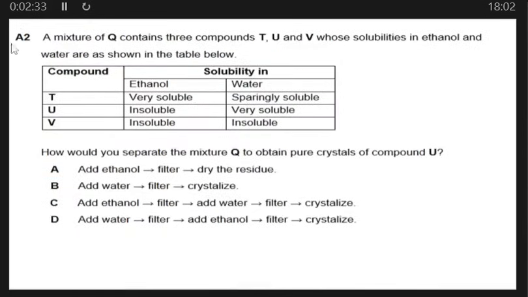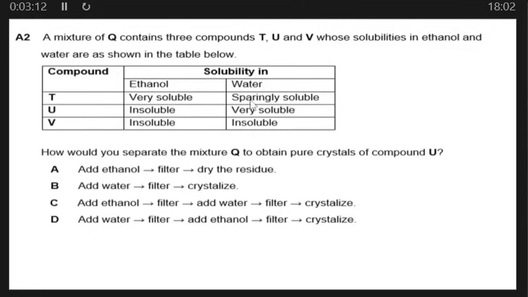So question A2 reads, a mixture Q contains 3 compounds T, U, and V, whose solubilities in ethanol and water are as shown in the table below. So we have mixture Q, which contains T, U, V. In ethanol, T is very soluble, U is insoluble, and V is insoluble as well.